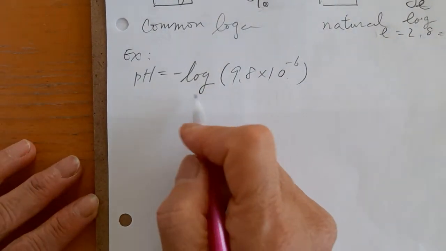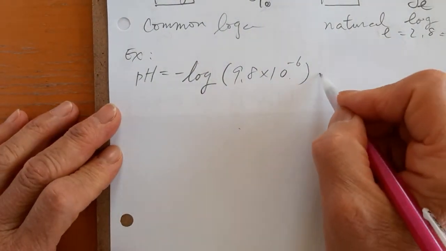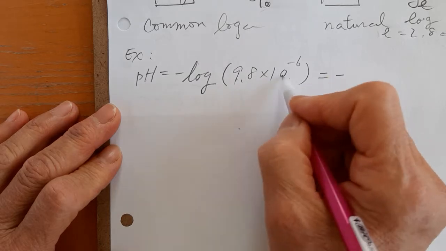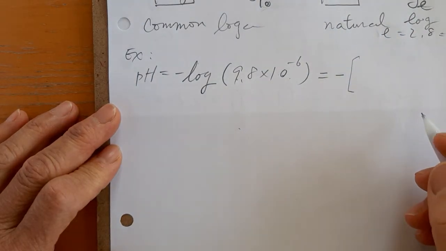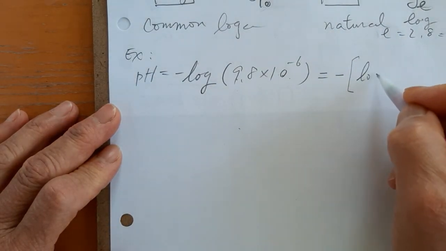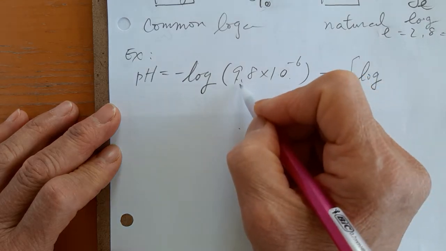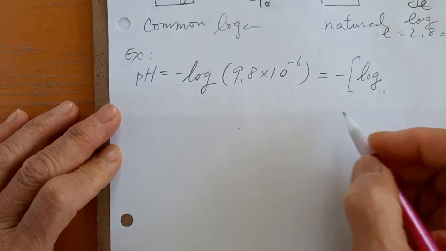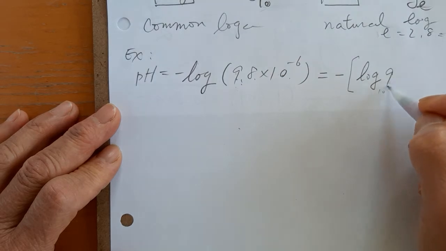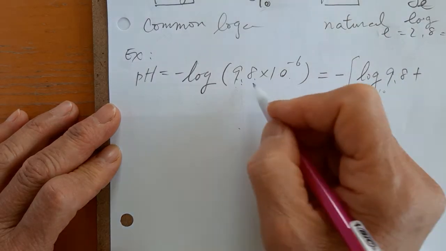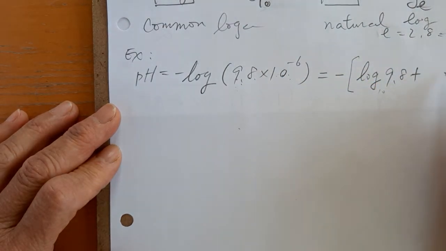Now this equals negative, put down the parenthesis, log, common logarithm, do not put down 10, of 9.8 times 10 to the power negative 6. Using the product rule, x times y, two terms multiplied together, equals the two logarithms added together. So it equals negative log 9.8 plus log 10 to the power negative 6.